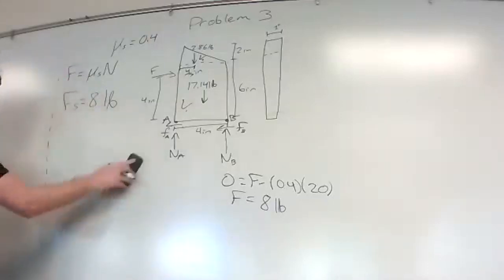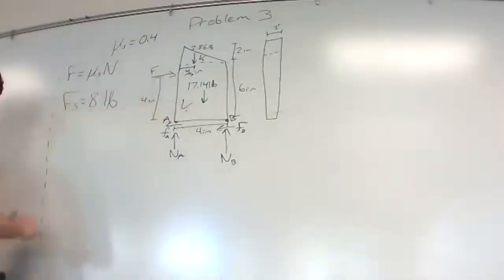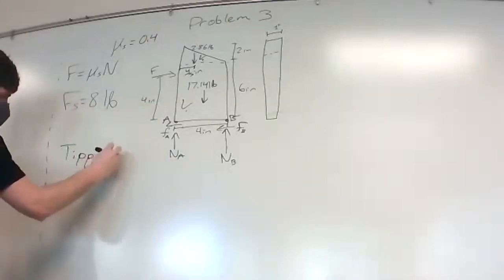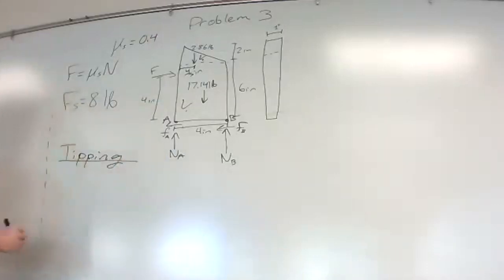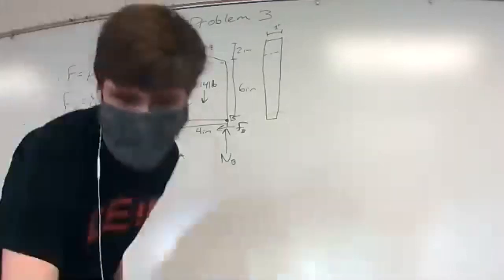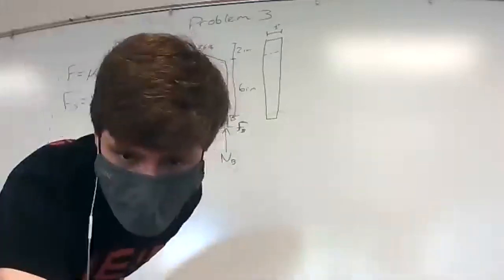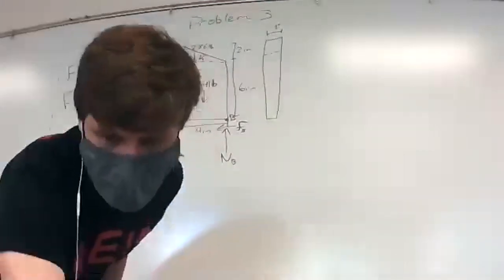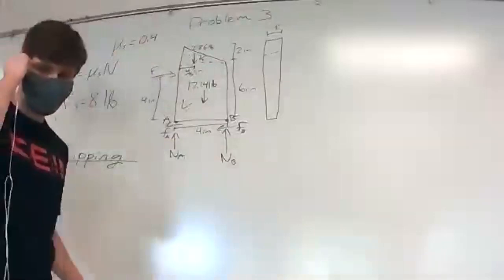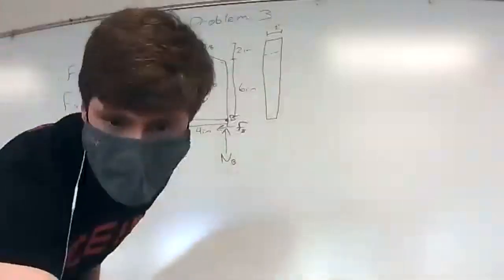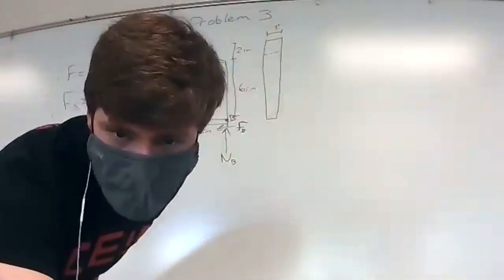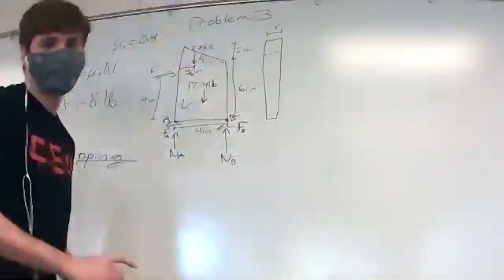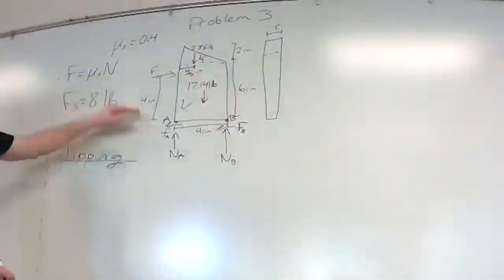So now that we've tested slipping, we can go ahead and test tipping. For tipping, we're going to have to say that at the point that F causes it to tip, the normal force at the point that leaves the ground, in this case NA, is gone.